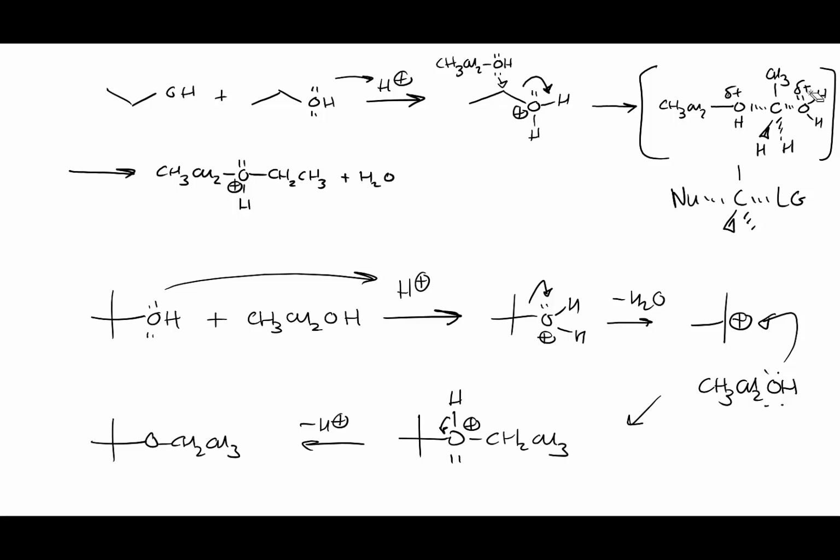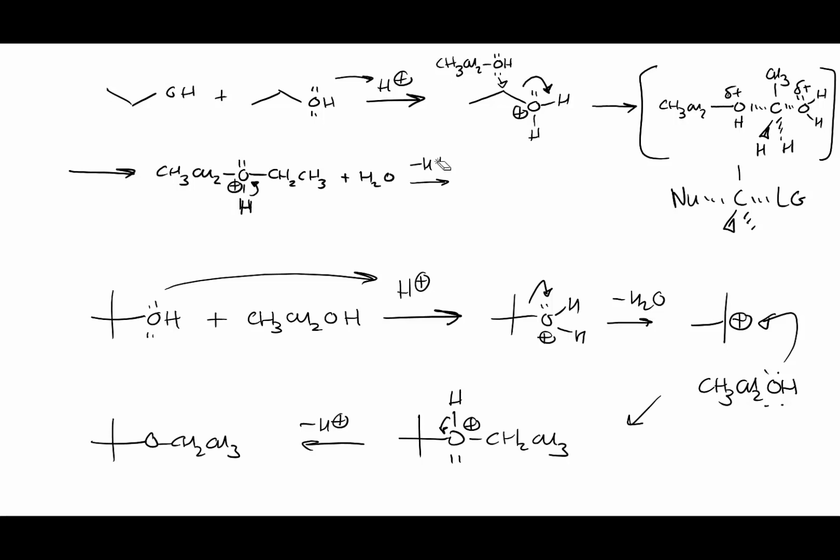So then we do a simple SN2. This comes in, kicks the water off. So now I have my oxonium ion. What you would see is this is basically just a protonated ether molecule. So then my bond gets broken between the O and the H, and the pair of electrons goes to the oxygen.